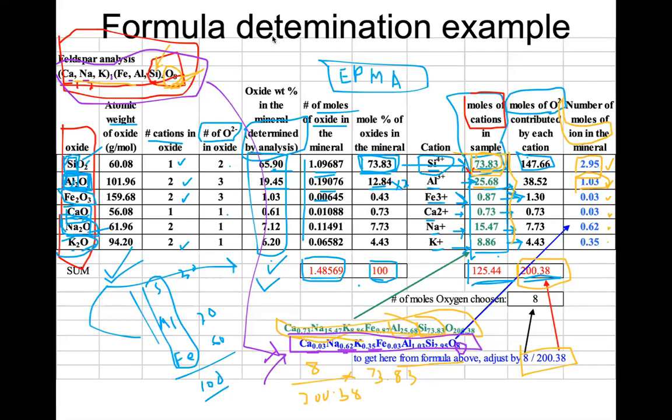Okay, right. So this is very important, which we call the formula recalculation. Actually, this is a recalculated formula, right? By means of actual analysis of chemical components available within the molecule. So these are actually the mixed cations, right? All these cations are mixed within the feldspar.